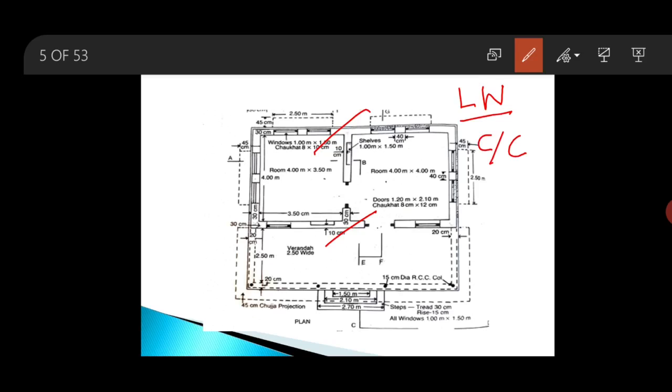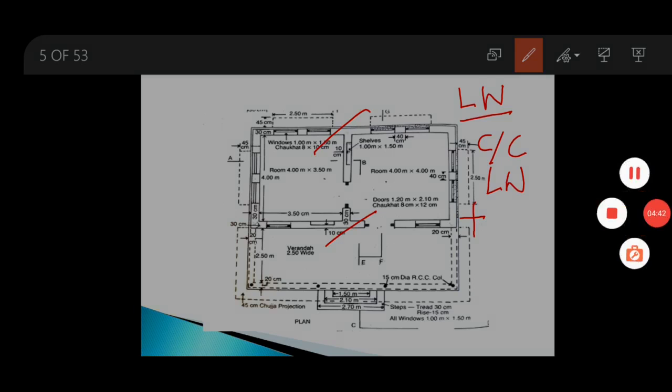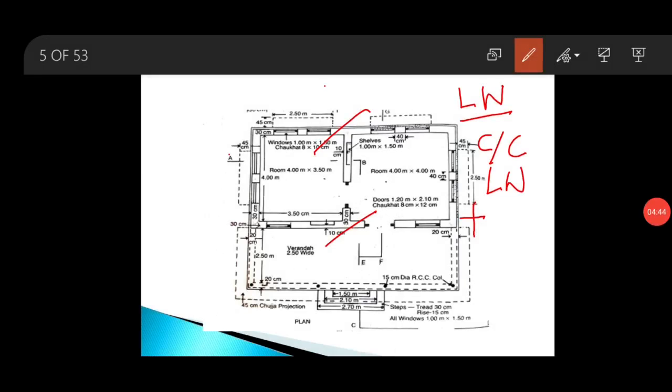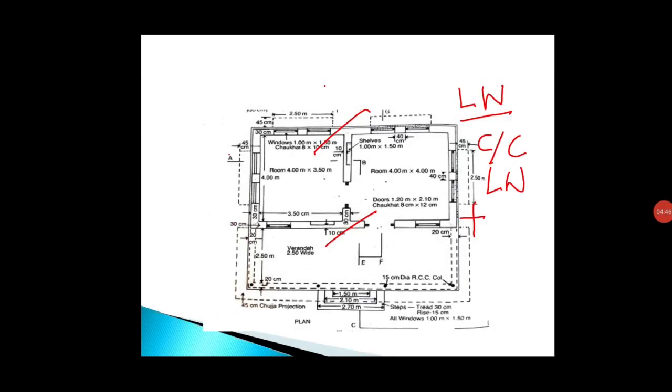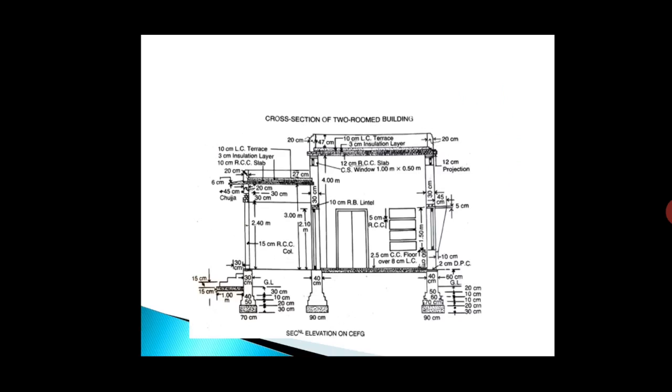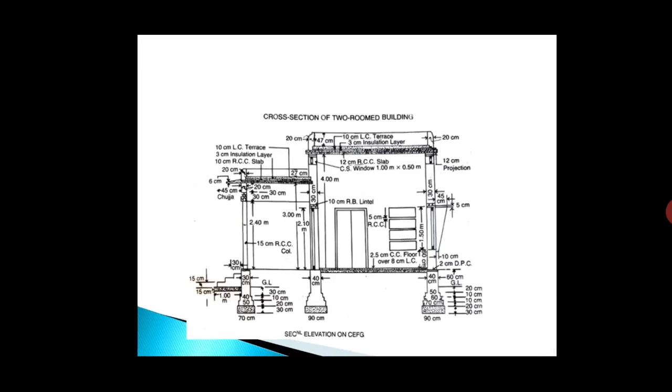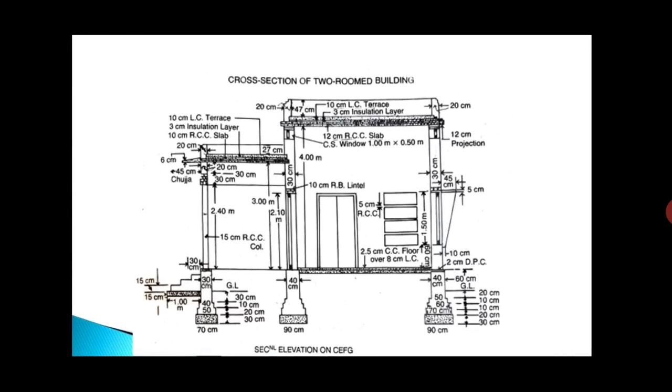With the center to center length of long wall, we have to add half of the width of the excavation on both the sides. So for this we have to go for the details of the foundation of 30 centimeter wall.